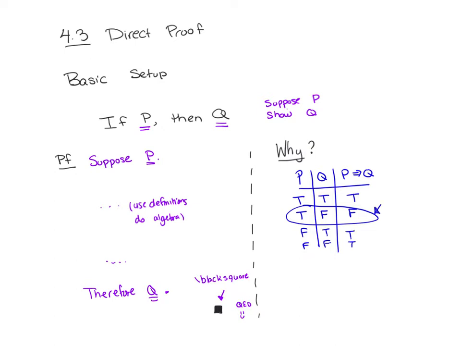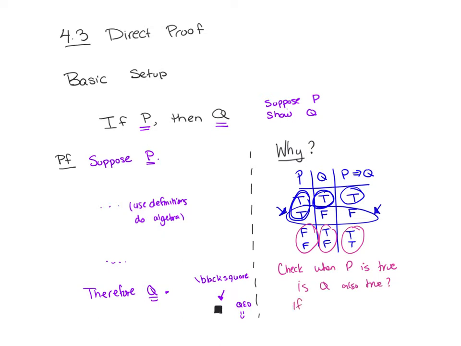So the only thing we need to check is that whenever P is true, I also need Q to be true in order for my statement to be true. Because when P is false, it doesn't really matter what happens to Q. I'm always going to get true. So we just check, when P is true, is Q also true?